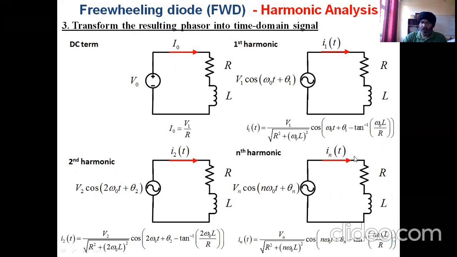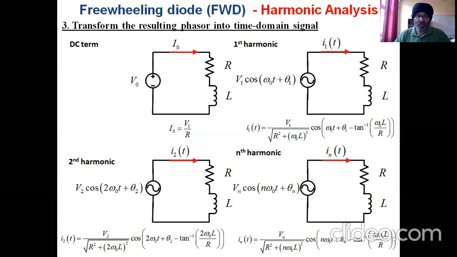And if any one of them, let's say this second harmonic, has a huge value after calculating, then it means that this harmonic is causing a problem in the form of a ripple or disturbance or distortion.